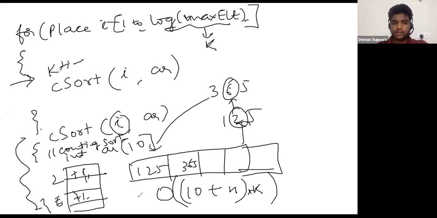This is the total running time of radix sort. Did I make any mistake here? Is this right? This is the base. Yeah, you can do base.